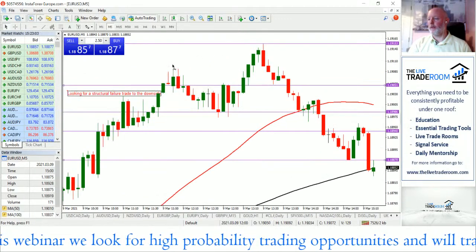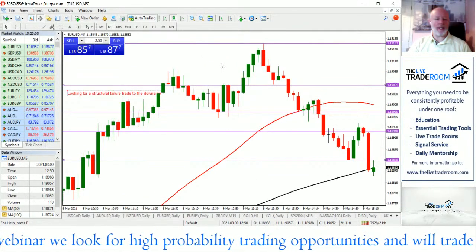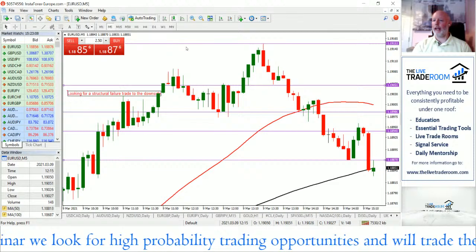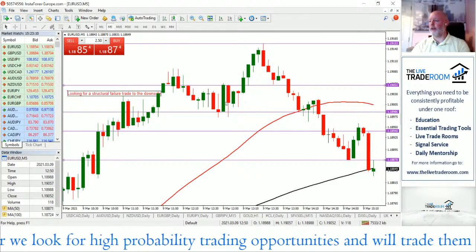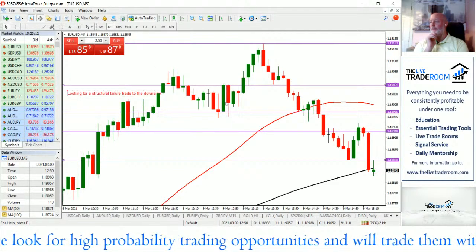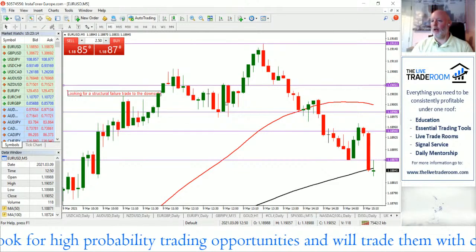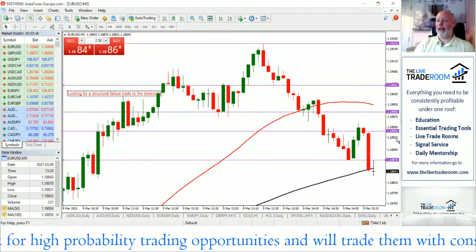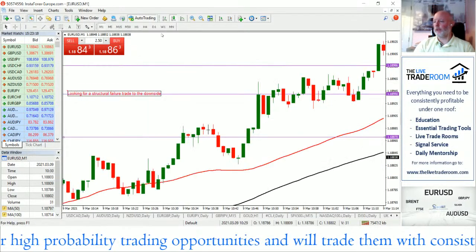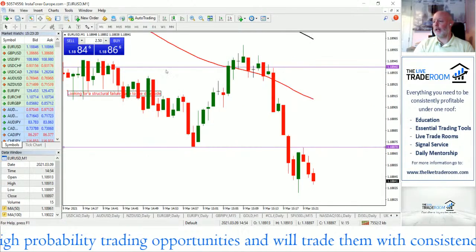I suppose it can be quite disorientating flicking between time frames, and maybe that's what confuses traders a little bit. But you definitely get a lot more used to it. So now we're just flushing to the downside.